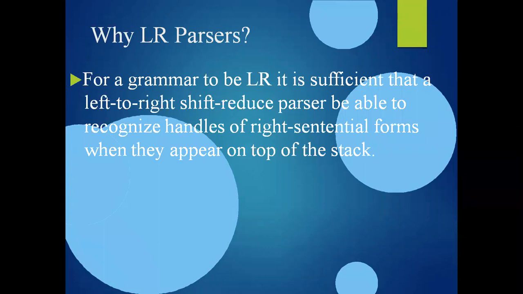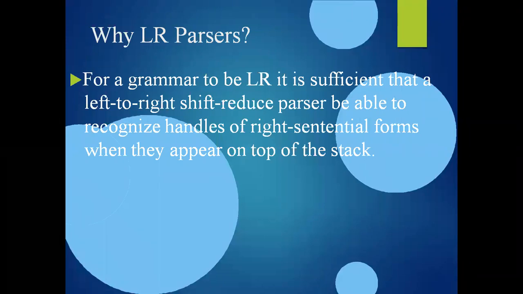Look at the slide. For a grammar to be LR, it is sufficient that a left-to-right shift-reduce parser can be implemented and is able to recognize the handles of right sentential forms when they appear on the top of the stack.